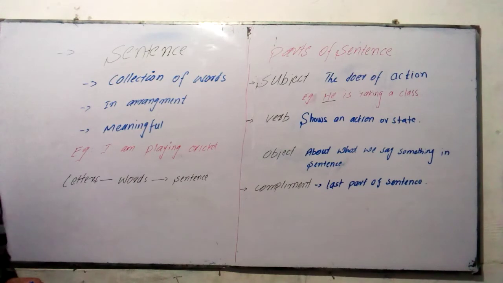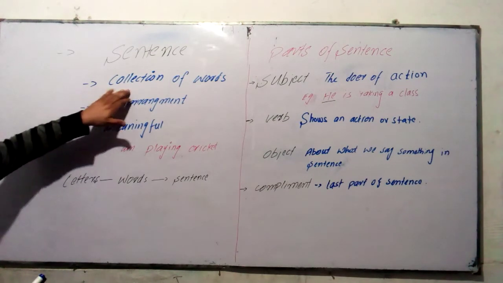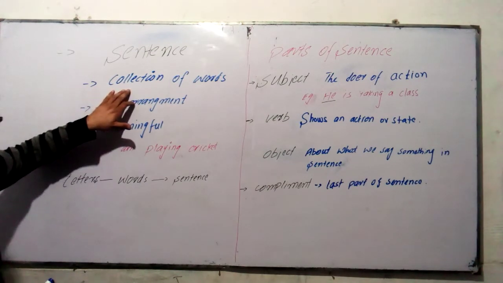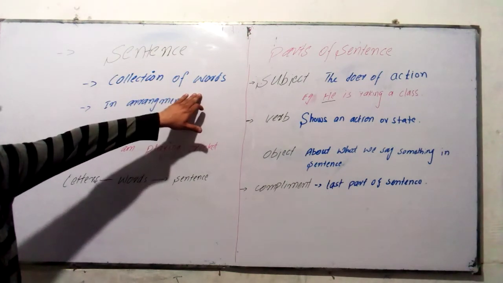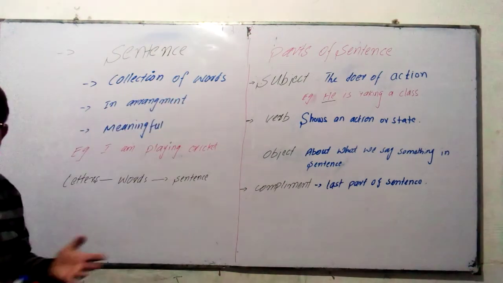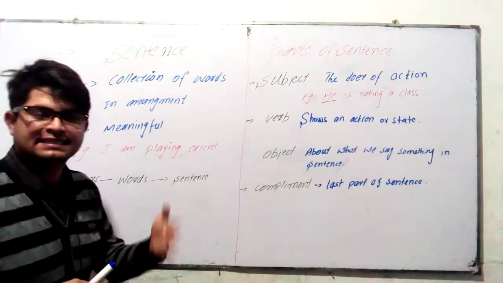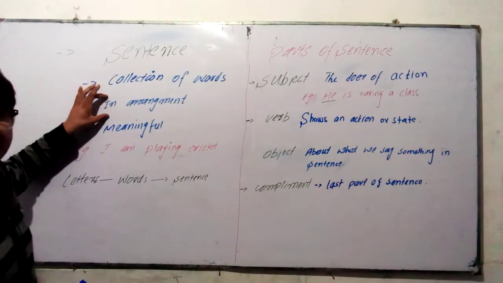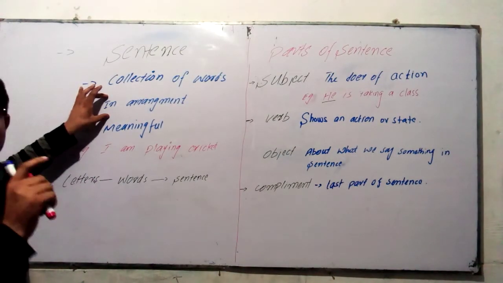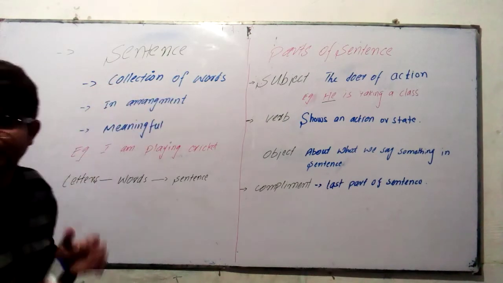The basic definition of a sentence is that in a sentence we have a collection of words. When we combine different types of words, it makes a sentence. But the second point tells us that this collection of words must be in arrangement form.